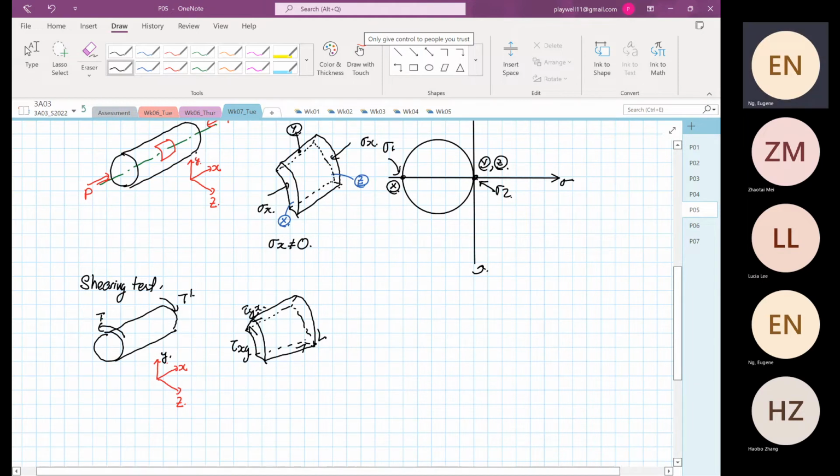Okay, so this is our point x, the other side is our point y, and the front surface is our point z. So now we can construct another Mohr circle now.